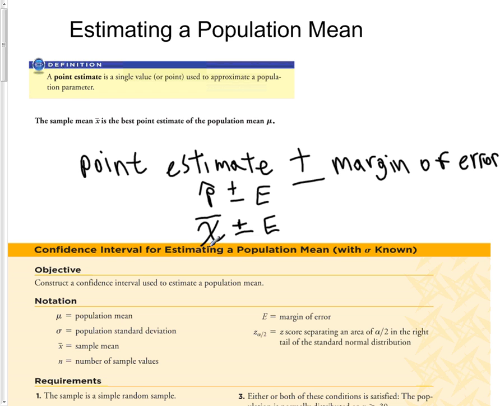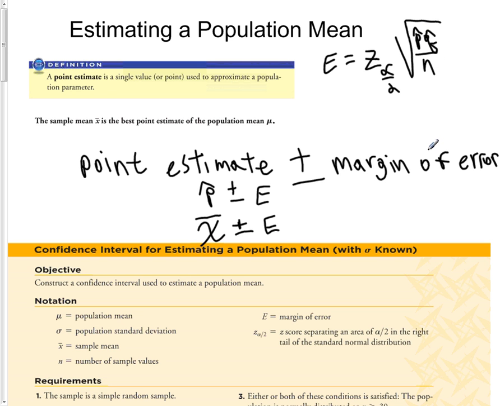We have a different point estimate and a different margin of error for each one of the interval estimates that we do. In the section on proportions, we used p hat, and the margin of error was equal to z of alpha over 2 times the square root of p hat times q hat over n, remember?